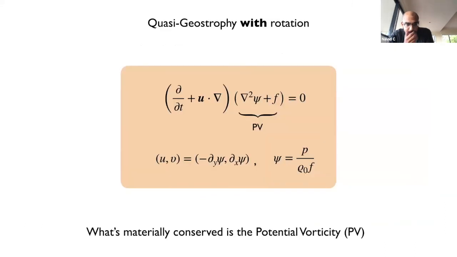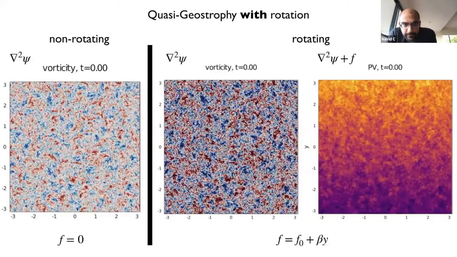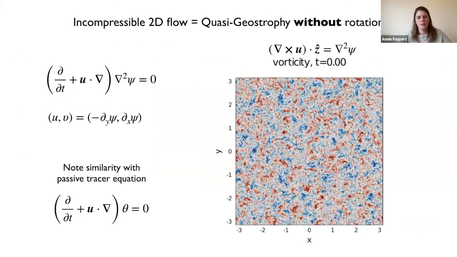Can you clarify what you mean by QG without rotation? Yes. You did have F in there. Yes, okay. What I meant by QG without rotation, I should have been more clear, is that the Coriolis parameter was just a constant and did not vary with latitude.